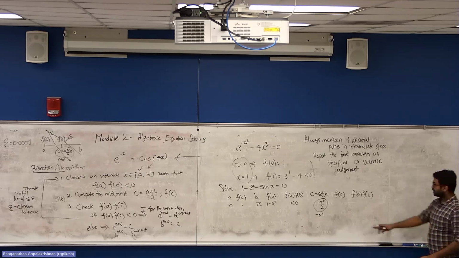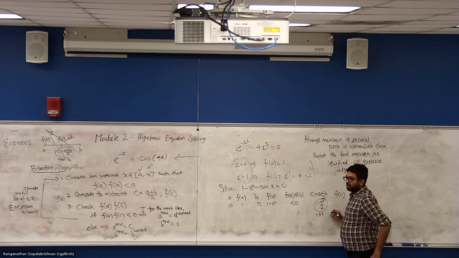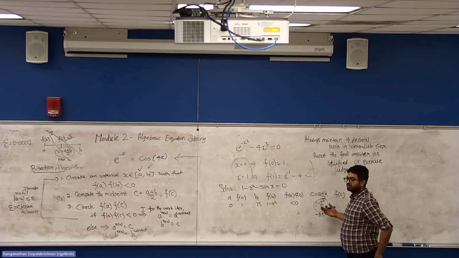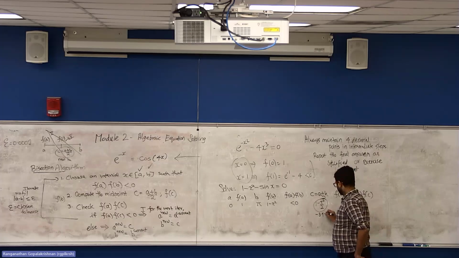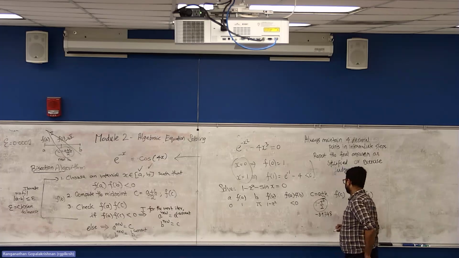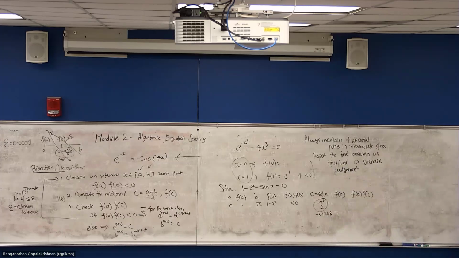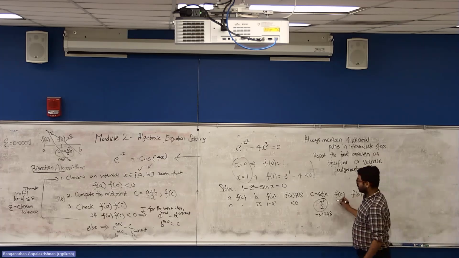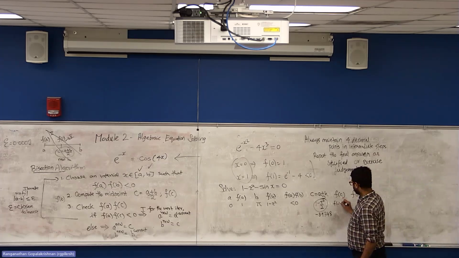So can you tell me more decimal points? 0.9348. Minus 3.9348. Okay. And what is the value of the function at minus 3.9348?